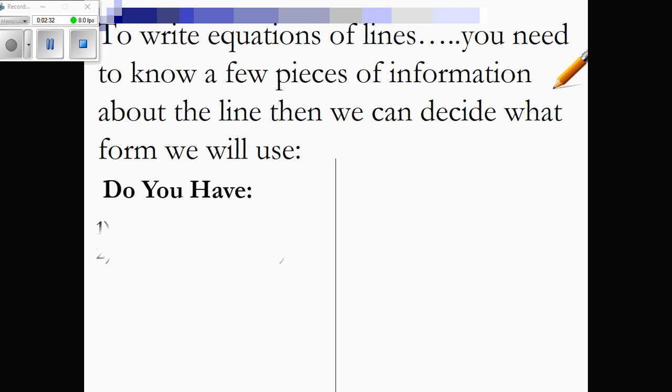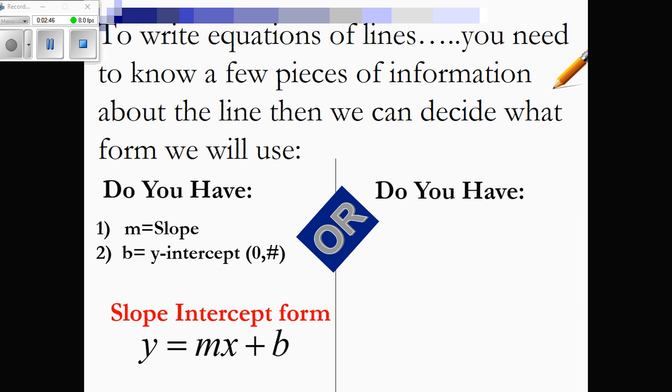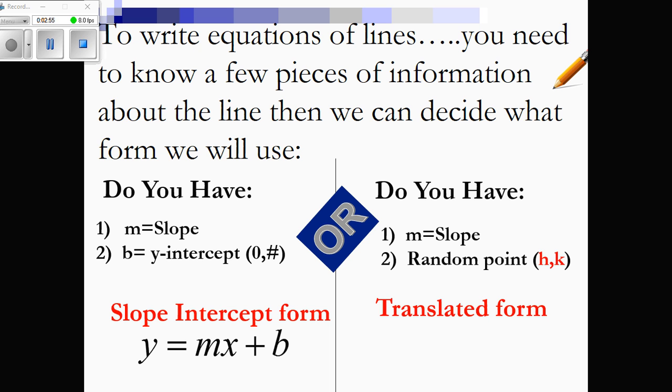So if I have the slope and the y-intercept, then I'm going to use slope-intercept form, y equals mx plus b. All right, because the m represents the slope and the b represents the y-intercept. Or if I have the information, a slope and a random point, and now I don't have the y-intercept anymore, I am not going to use the slope-intercept form. I'm going to use what's called the translated form.